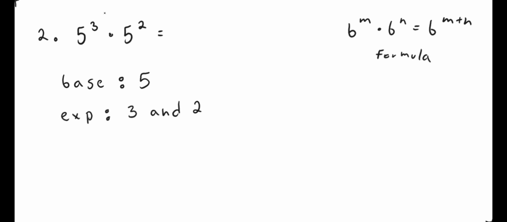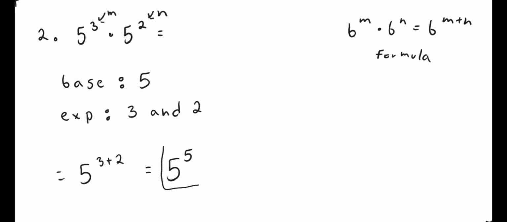If it makes it easier to write down, just put them right here. Just mark them down. So now we got 5 to the power of 3 plus 2, which is going to equal 5 to the power of 5.